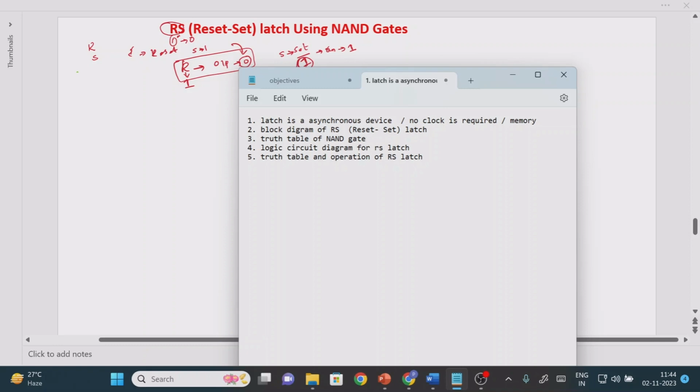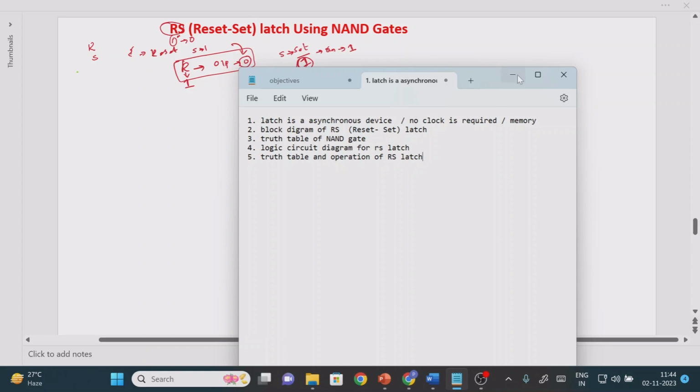Then we will implement the latch, the reset set latch, and design the logic circuit diagram. Then we will draw the truth table representation of the reset set latch. Then we will see the operation of the RS latch. These are the things you are going to understand in today's lecture.